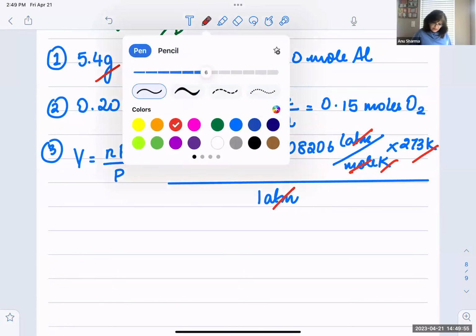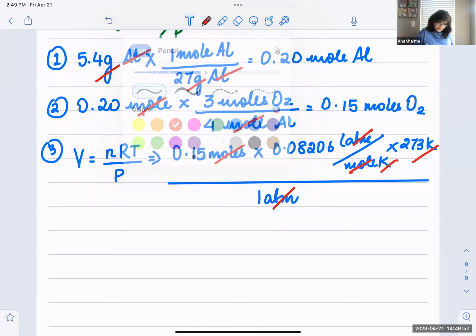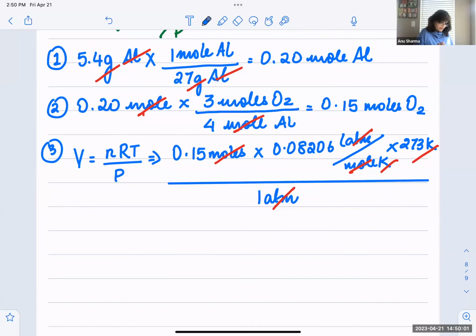So let's do the math: 0.15 times 0.08206 times 273, divided by 1, is 3.36 liters, or 3.4 liters. Okay, that's the volume.